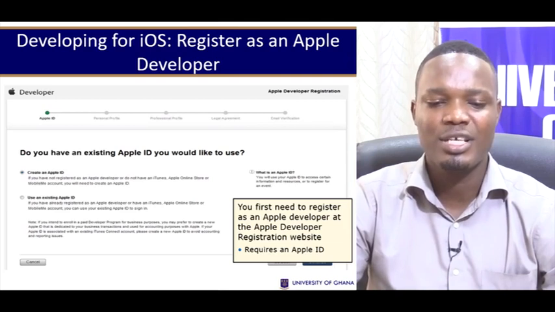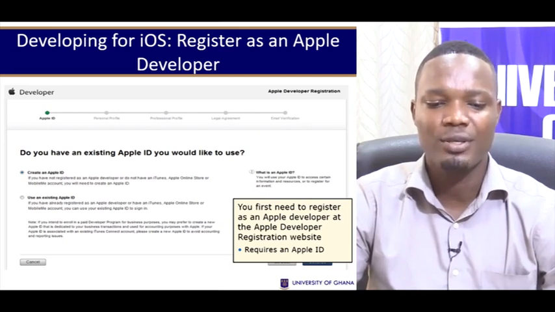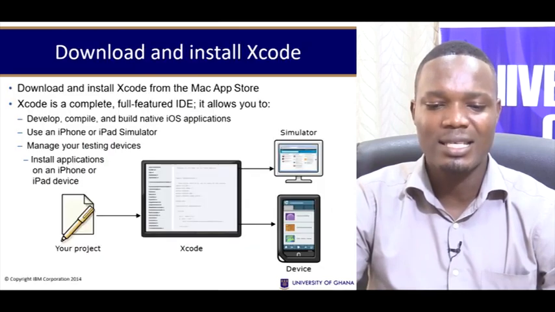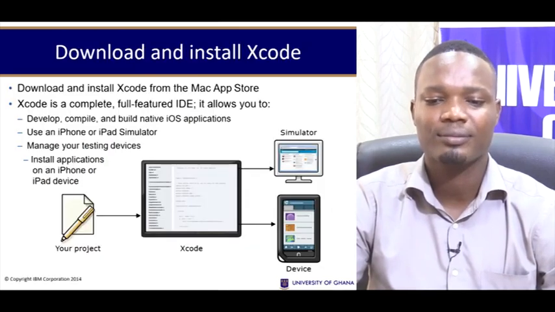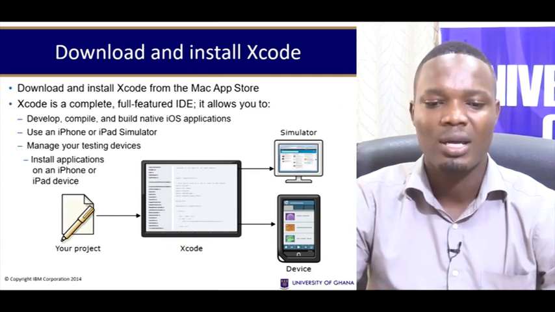This is a screenshot of the process you would need to go through to register as an Apple developer. You will need to fill in the details and then gain access to download. After you are finished with the registration, you proceed to download and install Xcode from the Mac App Store.